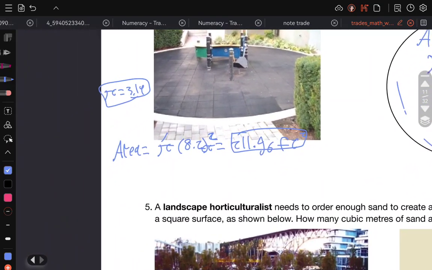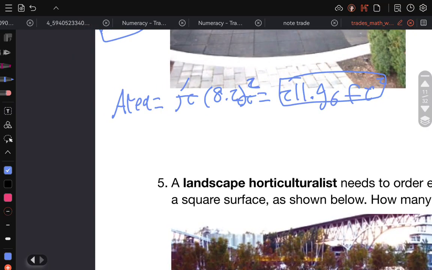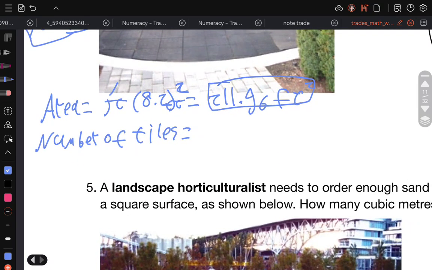Okay, so let's write the formula here so you could understand that. Number of tiles equal to the area divided by tile coverage.